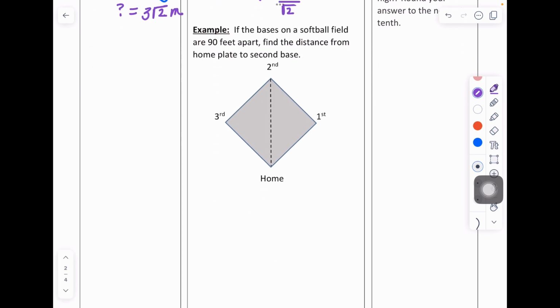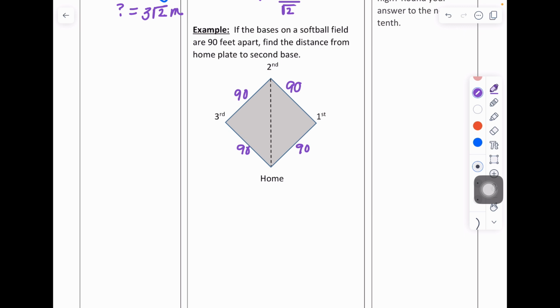So I want to do a few examples here so you can see what this looks like. The bases on a softball field are 90 feet apart. So let's mark that in our picture. 90. Okay. Now, if you notice, that softball diamond, as we often call it, is rotated and it's a square, right?